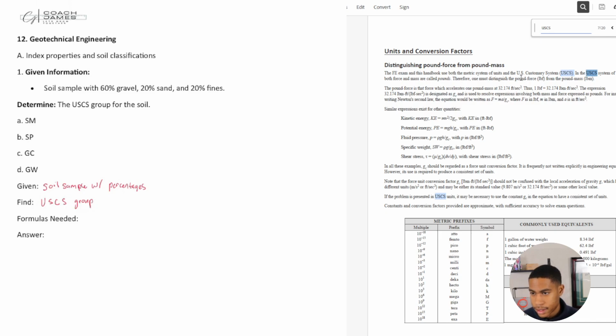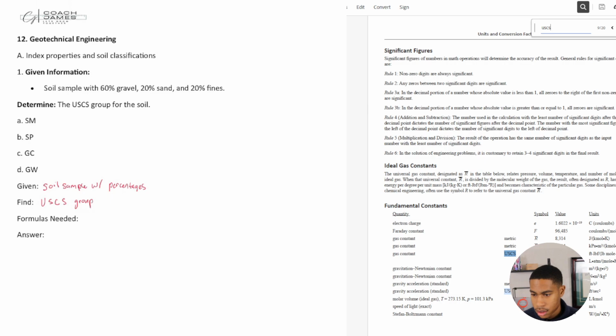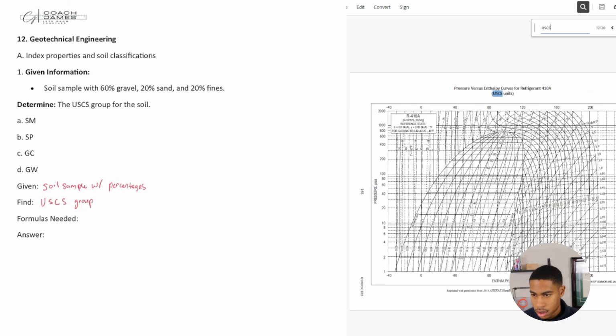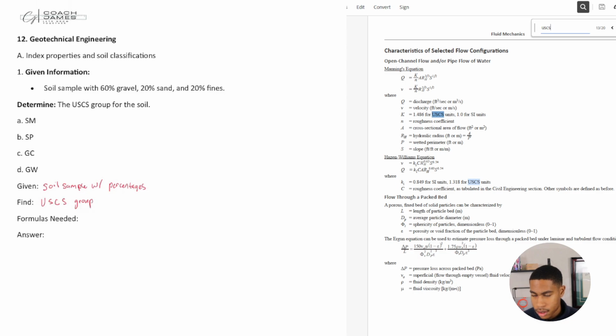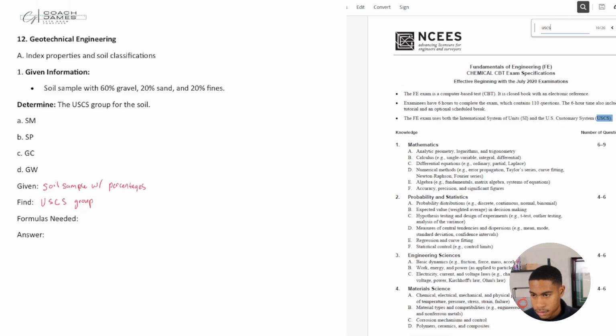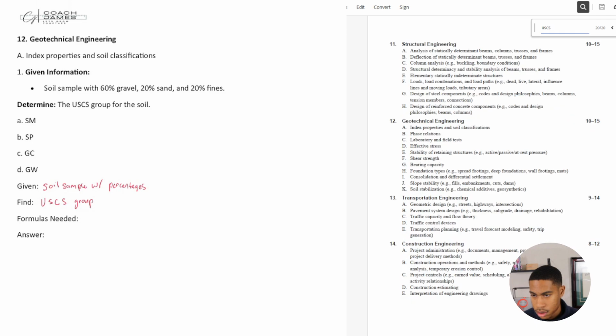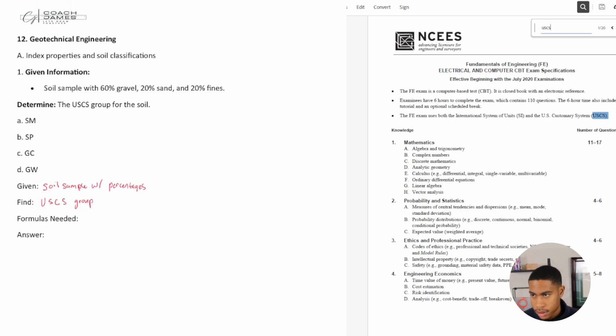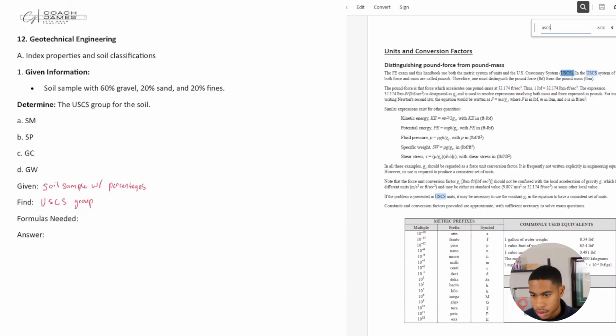A lot of this is the US customary system, but that's not what we need. Thermodynamics, fluid mechanics, all unit stuff. So that was it. Okay.